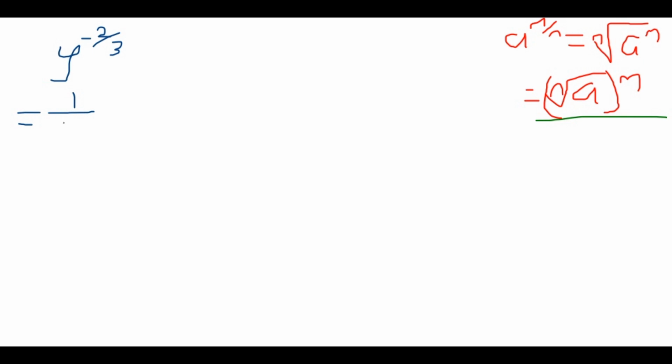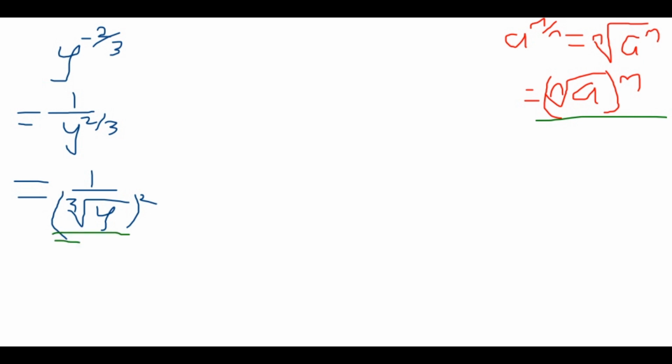So we are going to have 1 over y to the power of 2 over 3. And this will be 1 over the third root of y, all in brackets squared. So this is the answer.